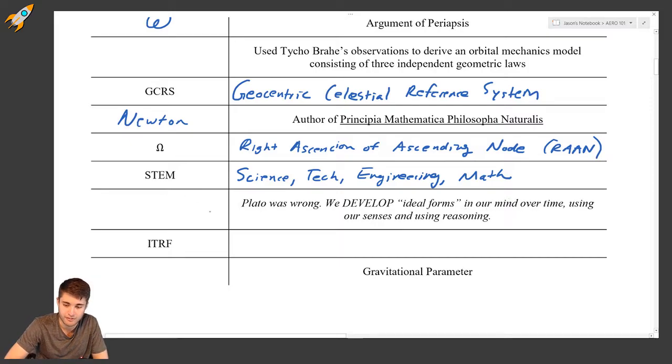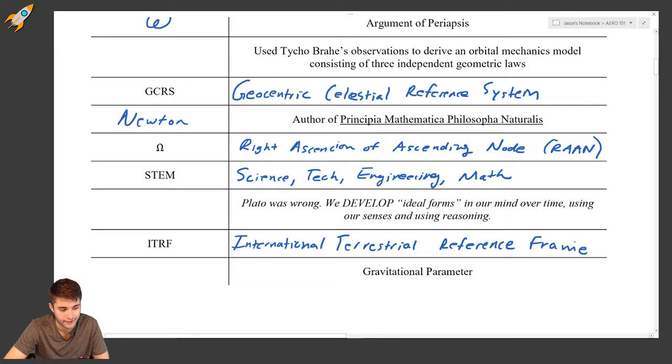We also have ITRF, the International Terrestrial Reference Frame. Not celestial, this is terrestrial, this is different now. You got it.